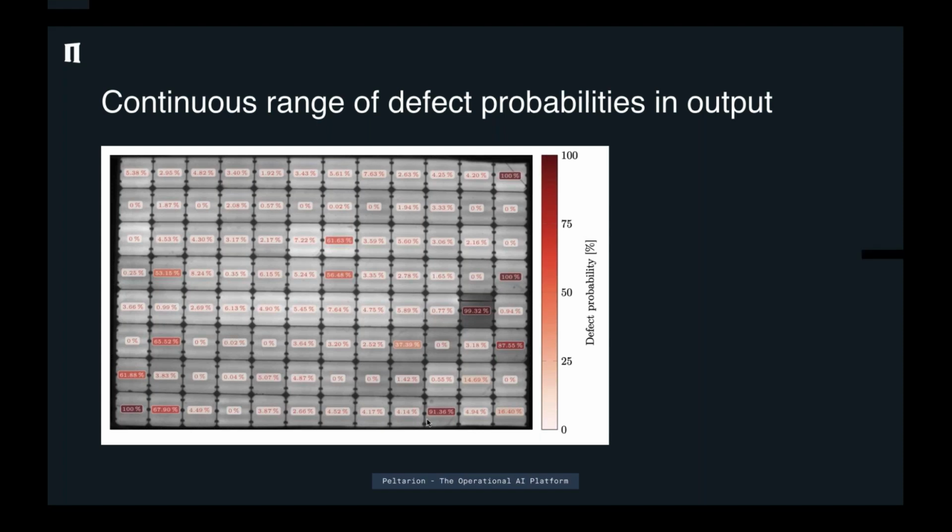So while they only annotate it in 4 different levels, their model actually predicts a continuous value in the whole range. So you could either see this as a regression problem where you predict a continuous value, or as a classification problem where you predict which class the solar cell is, defective or non-defective.